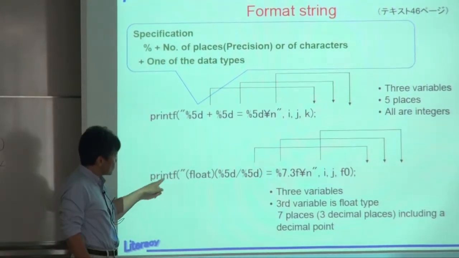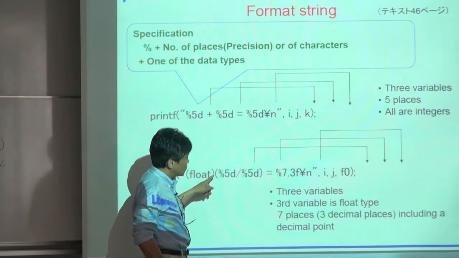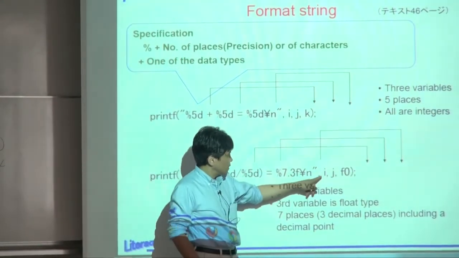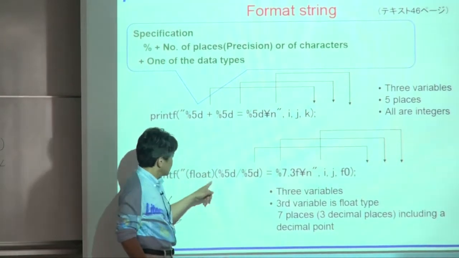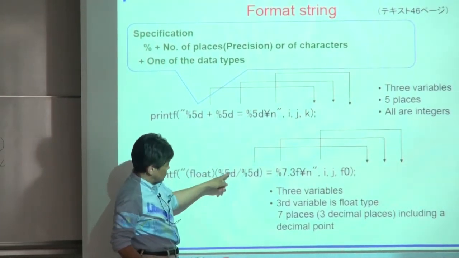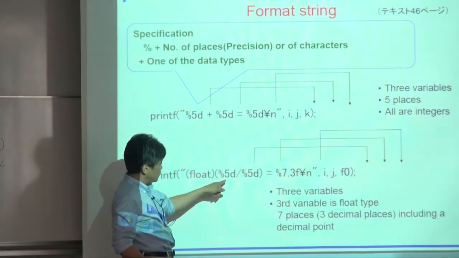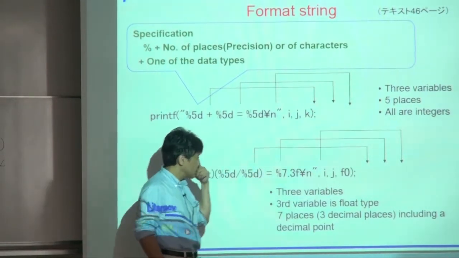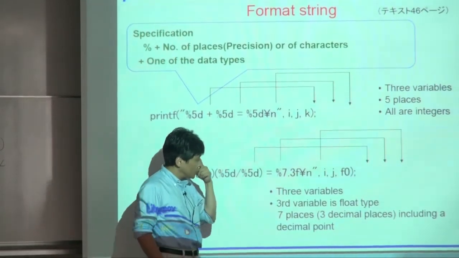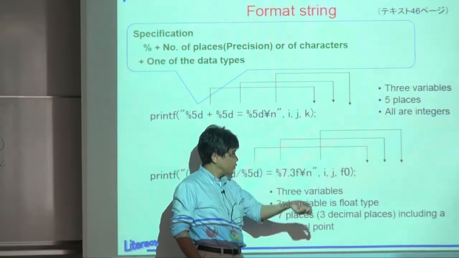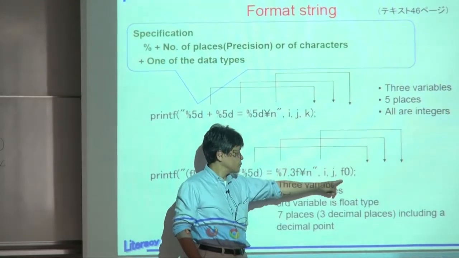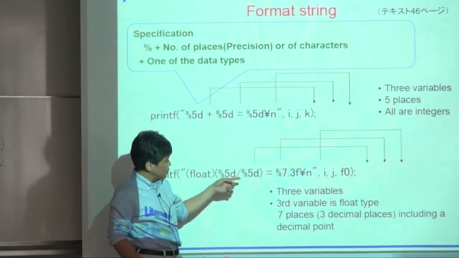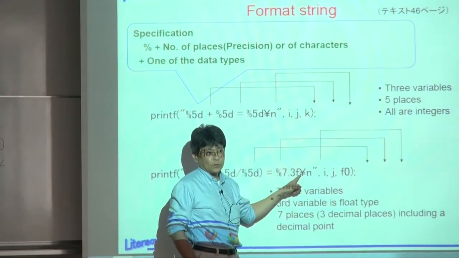The second example is using floating point number variables. In this case, f0 is treated as a floating point number. If you want to print out the value of this variable on the computer screen, you have to use the f code string.